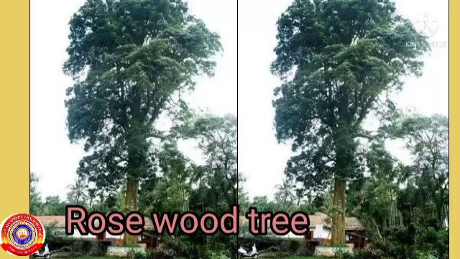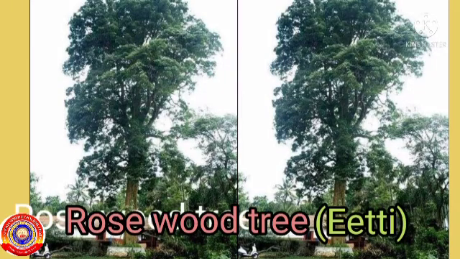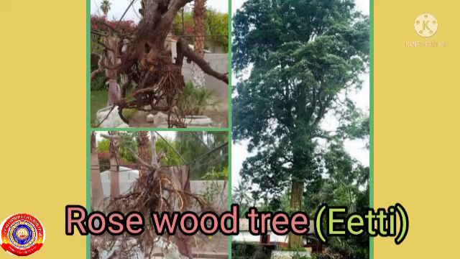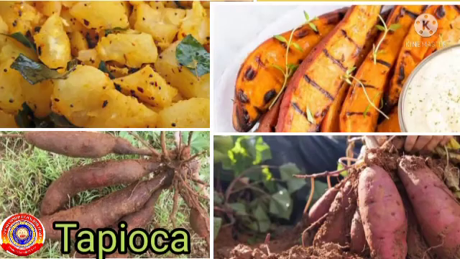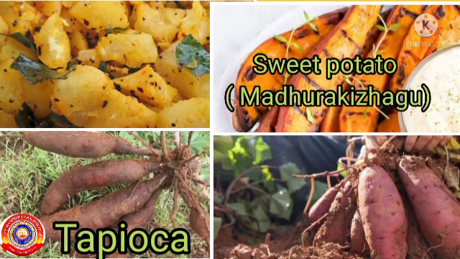This is rosewood tree. Its another name is eetti, and its roots are also used for making decorative things. The roots of tapioca and sweet potato are used as our food item.